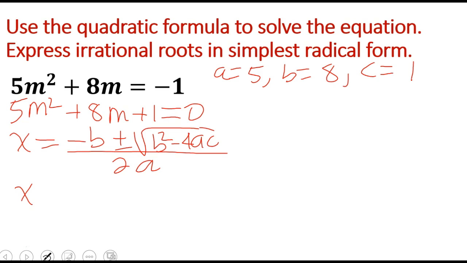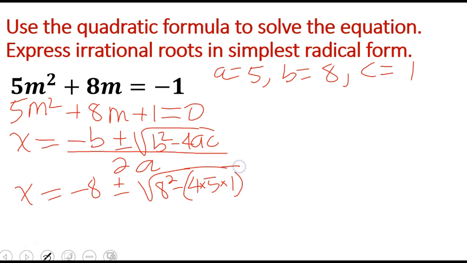So we plug them in. Equals negative b, which is 8, plus or minus square root of b, which is 8 squared, minus 4 times a, which is 5, times c, which is 1, all over 2 times 5.